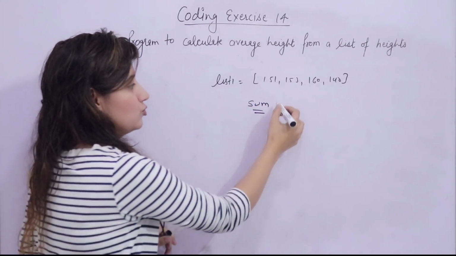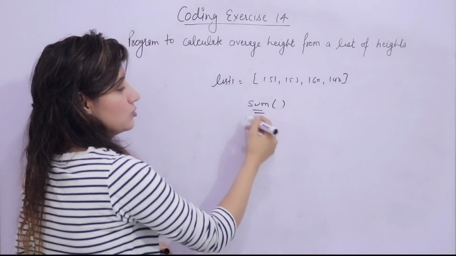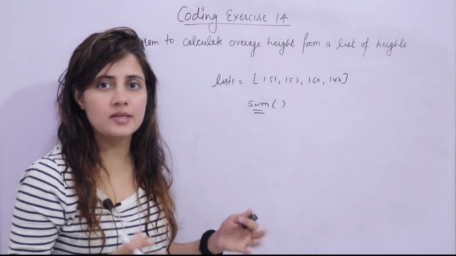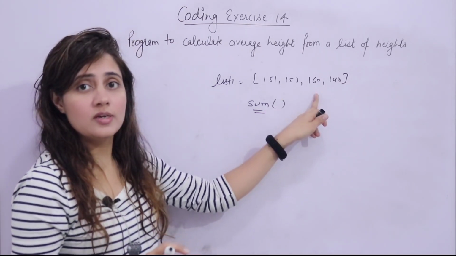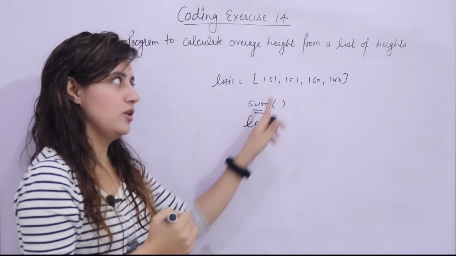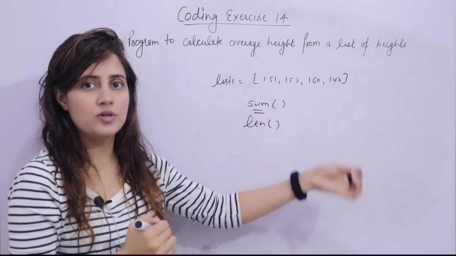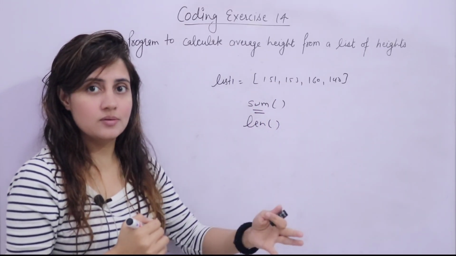So that we can use to do the sum, and we know how many elements, 1, 2, 3, 4, 4 elements. So sum divided by 4 and you will get the average. Or maybe if you want to find out the length of the list, then also we have one function, that is the length function, that will give you the length of this, and simply you can just divide and that is the average. No, there is some twist, right?